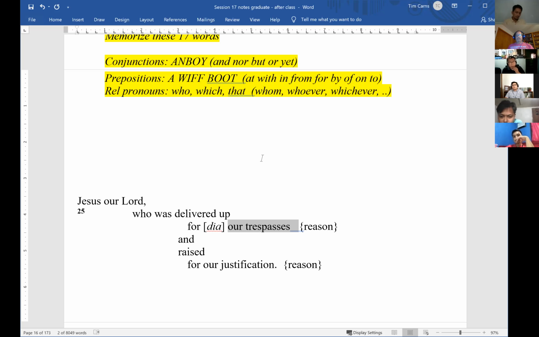All right, so as far as interpretation, Harris, no difference, in my opinion. I haven't studied this verse probably as much as you have, but generally speaking, the word for as a preposition carries the idea of for the purpose of, or on account of, or because of. That's what it means.